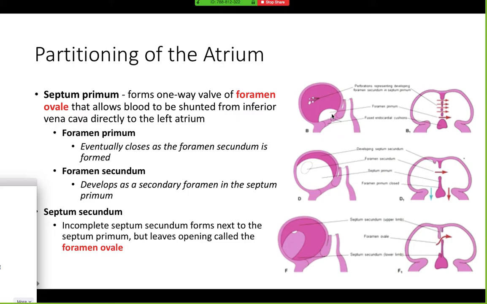Okay, so within the septum primum, you have this foramen secundum forming, and then the foramen primum is eventually going to close. So it's eventually going to reach the endocardial cushions. So then next to the septum primum, you have this septum secundum growing down next to it.